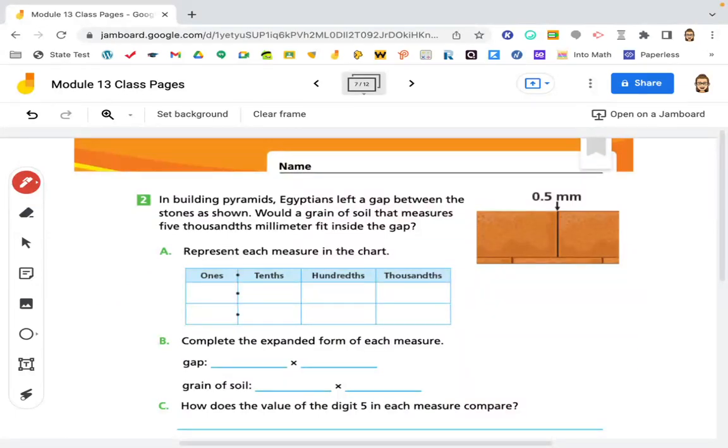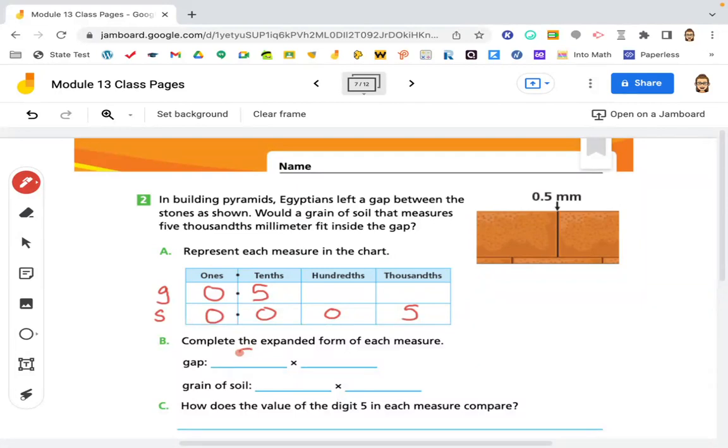Represent each measurement on the chart. Well, I'm going to put the gap, which right here is 5/10. The soil is 5/1000.